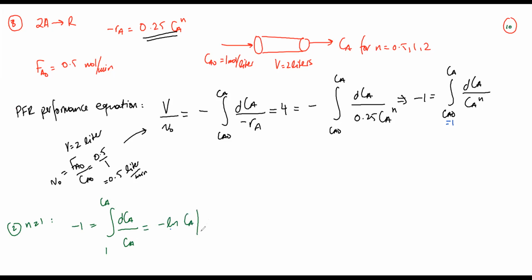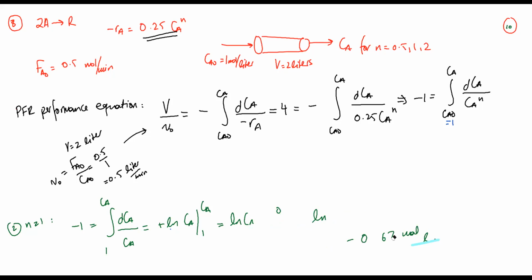The integral of 1 over x is ln x, from 1 to CA, giving ln CA minus ln 1, which is 0. So ln CA is equal to -1, and in this case, CA will be equal to 0.367 mole per liter. This is for n equals 1.